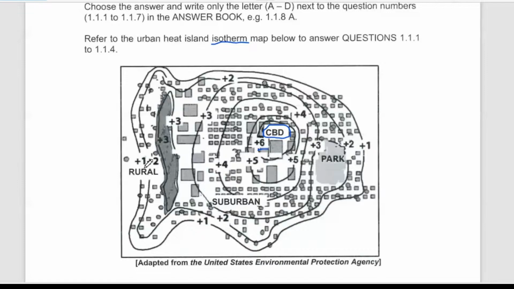In the surrounding rural areas, the farmlands, the isotherm reading is positive 2, and the last one at the outermost part is reading positive 1. So the isotherms range from a positive 1 on the outermost part of the built-up area, and closer to the built-up area, our isotherm reading is positive 6.